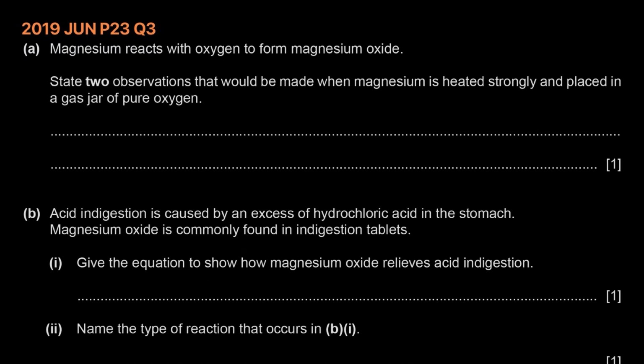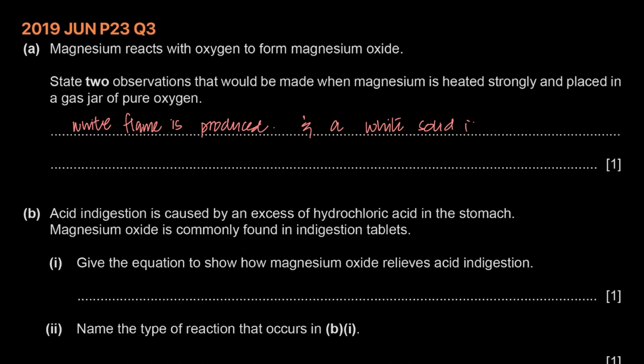So there are three. But I would start off by saying a white flame is produced. That's what I would start off with. So a white flame is seen or produced, and you can say a white solid is formed.